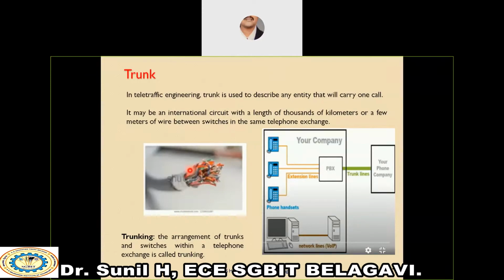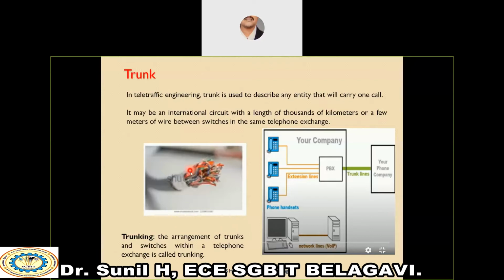This is a simple block diagram where we can see the components or devices which help to communicate from one subscriber end to the other subscriber end. This is the introduction part of telecommunication traffic.